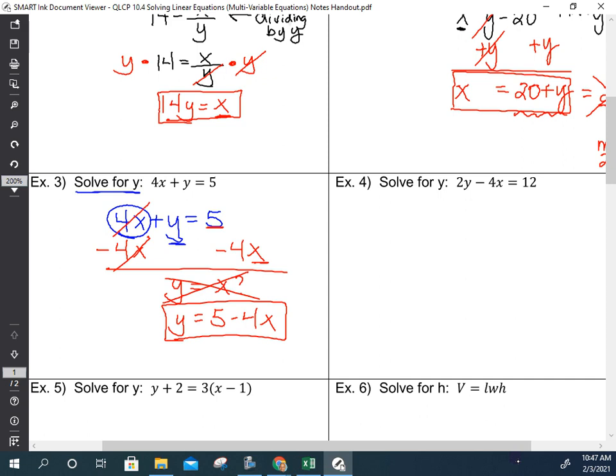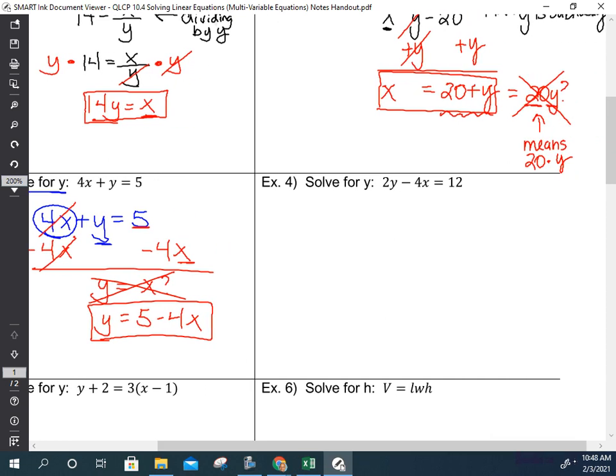So let's try another. We're still going to solve for y. y minus 4x equals 12. So we want y completely by itself. So what can we do first? Minus 4x, absolutely.